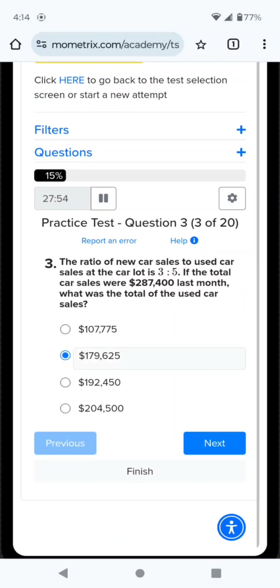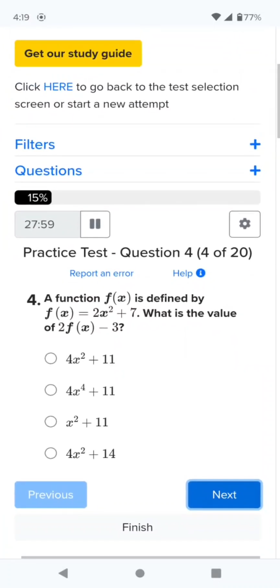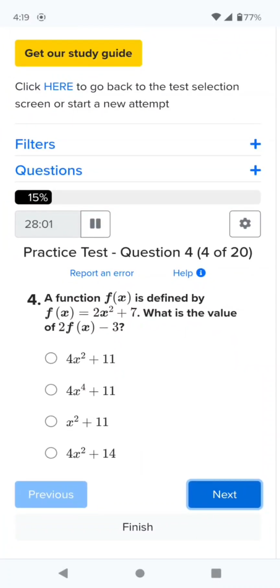hopefully, we'll see. It says a function f of x is defined by f of x is equal to 2x squared plus 7. What is the value of 2 times f of x minus 3? All right, so here we have a function that I'm actually going to double.